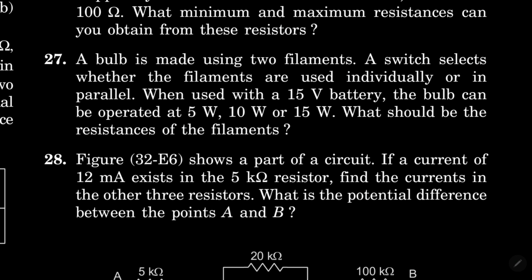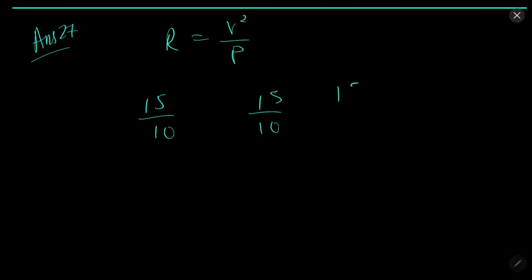In 27, what should be the resistances of the filaments? Solution 27. So resistances of the bulb will be V square by power. So 15 square by 10, 15 square by 10, 15 square by 15.